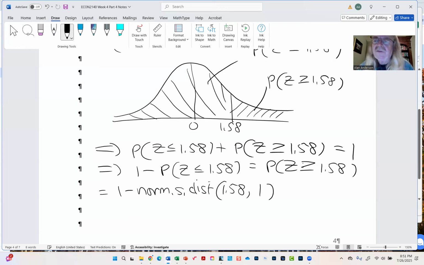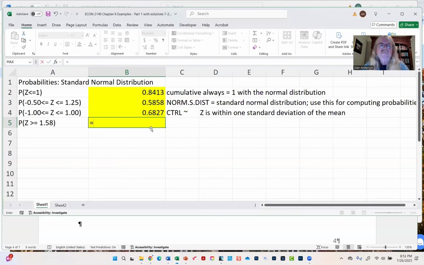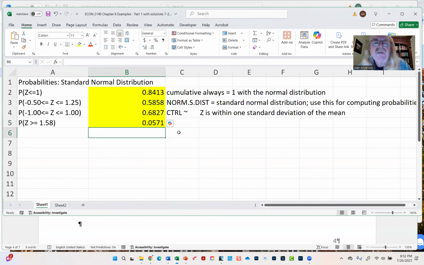So whatever the difference is what we're actually looking for, which is z greater than or equal to 1.58. Okay, so let's try that. And this is our final result.